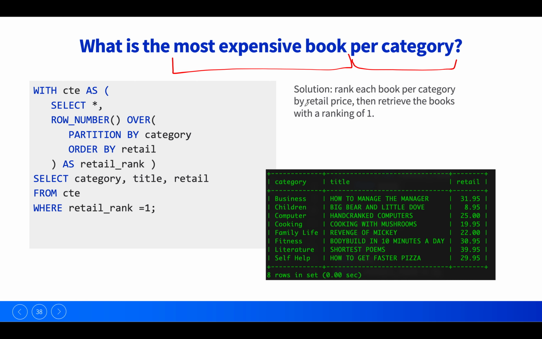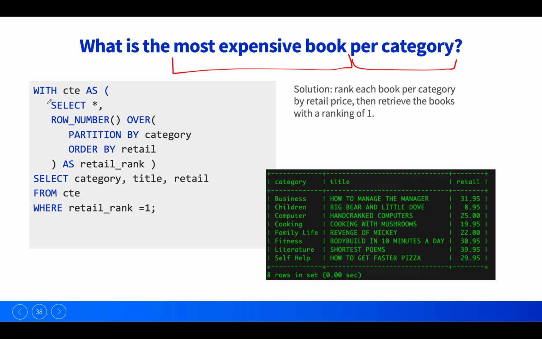Okay? So in that particular sense, we're going to be combining several of the things we've learned today, right? Let's use a common table expression to first apply that numbering, or rather that ranking of our books by looking at the retail price.